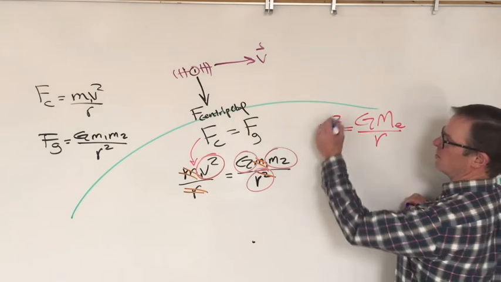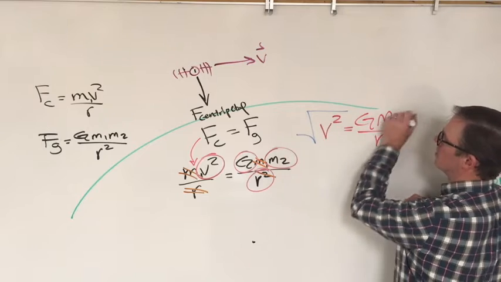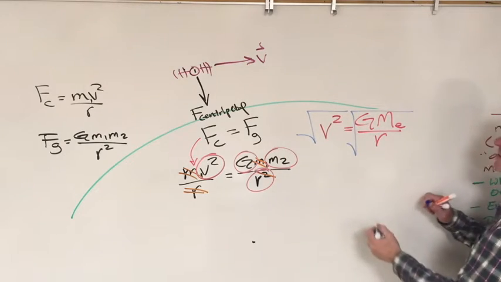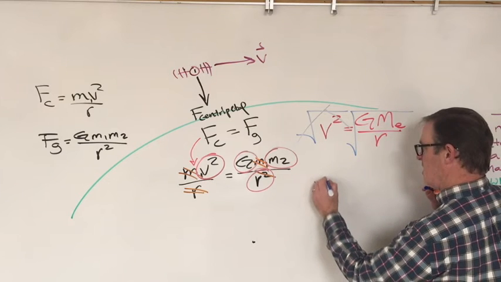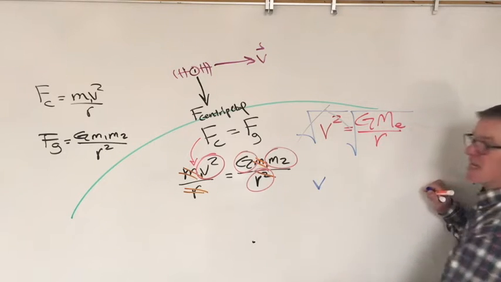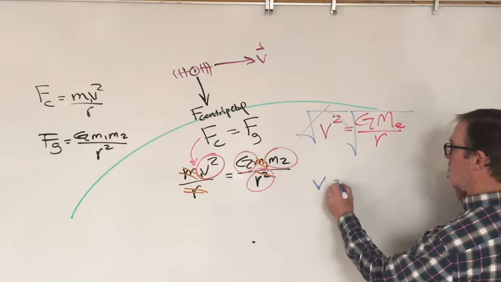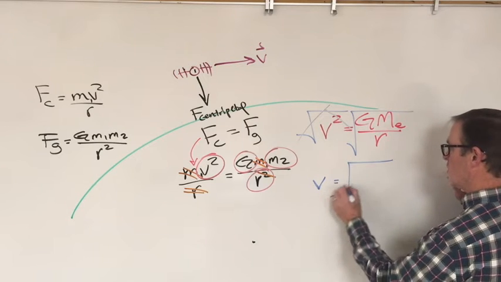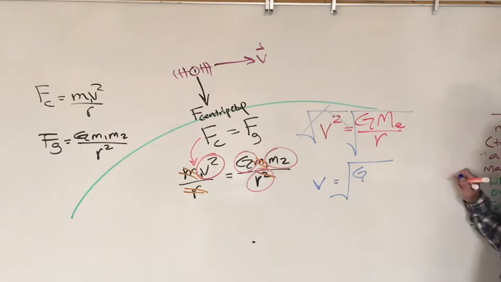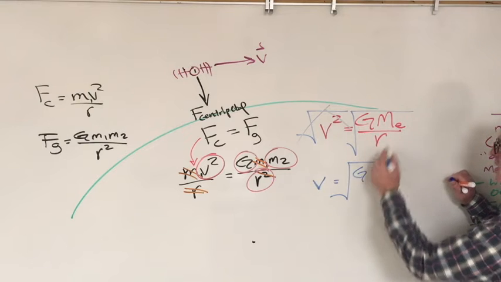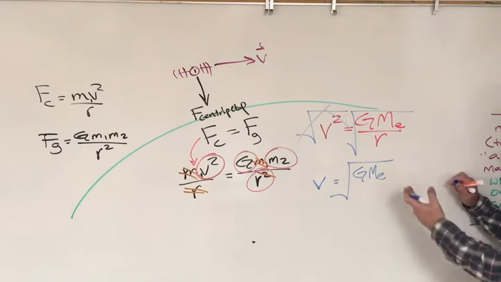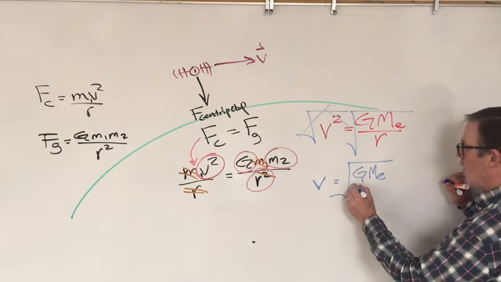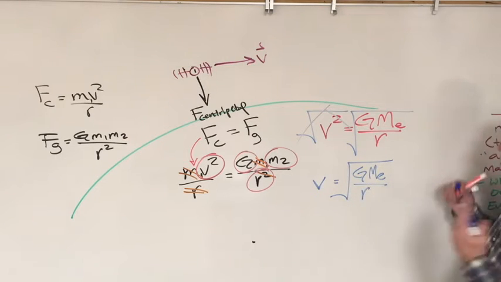Taking the square root of both sides leaves us with v, the speed of the satellite, is equal to the square root of the universal gravitational constant, big G, the mass of the orbited object, in this case the Earth is being orbited, over the radius of the orbit.